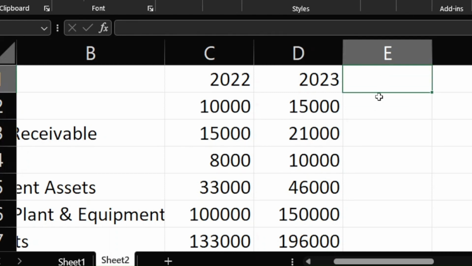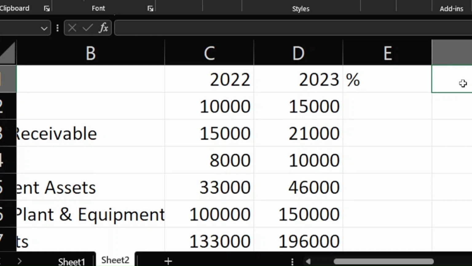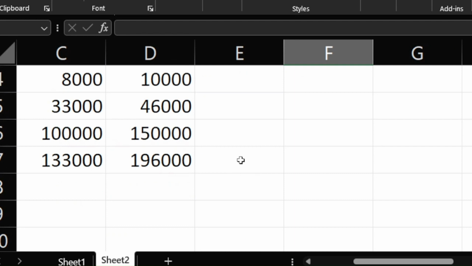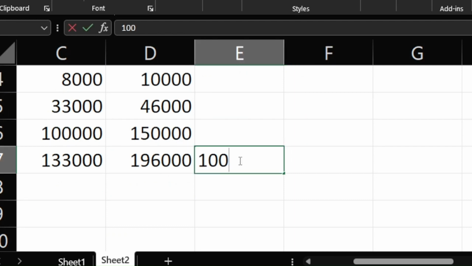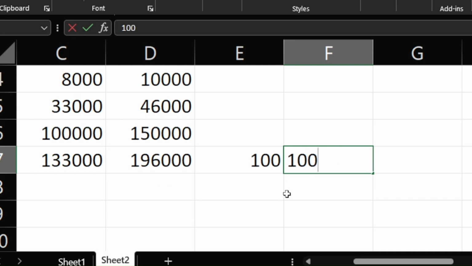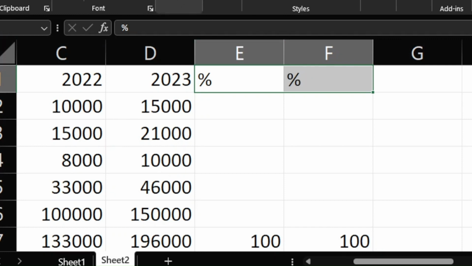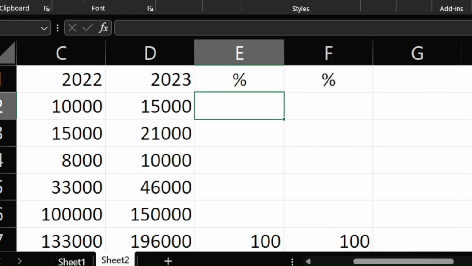Okay, let us see. As a percentage, if this one is 100, what does it mean? In 22, 23, the figures I am taking it into 100. Here, what would be that formula?